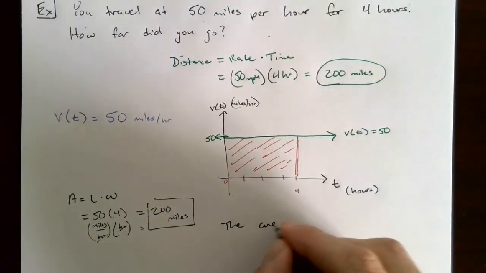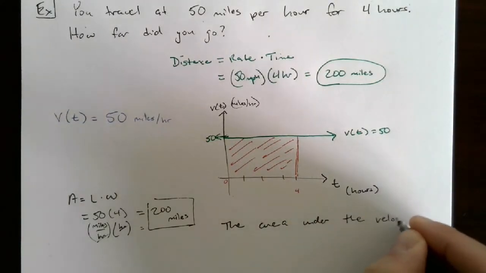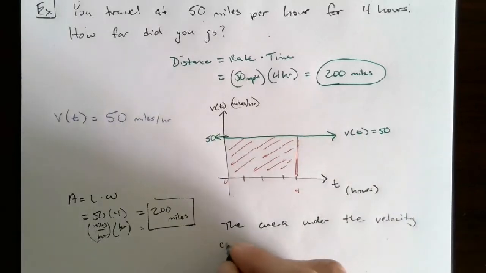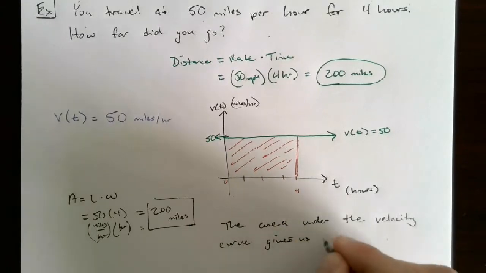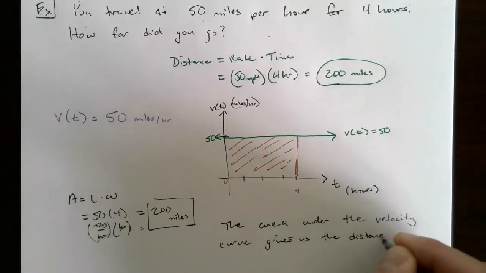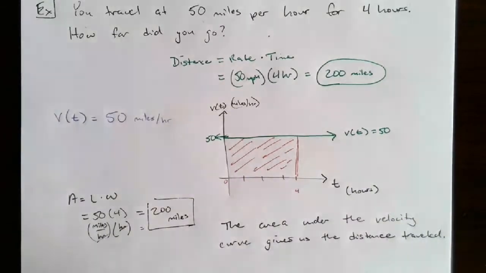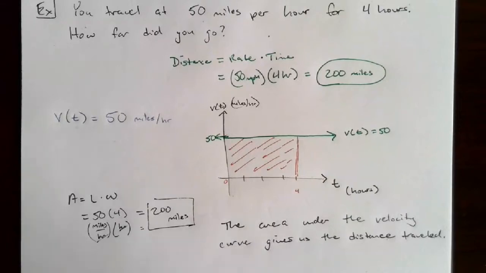So the area under the velocity curve gives us the distance traveled. And that's going to be important as we get into future sections. In this case, it was pretty easy to calculate that area because the function was a constant.